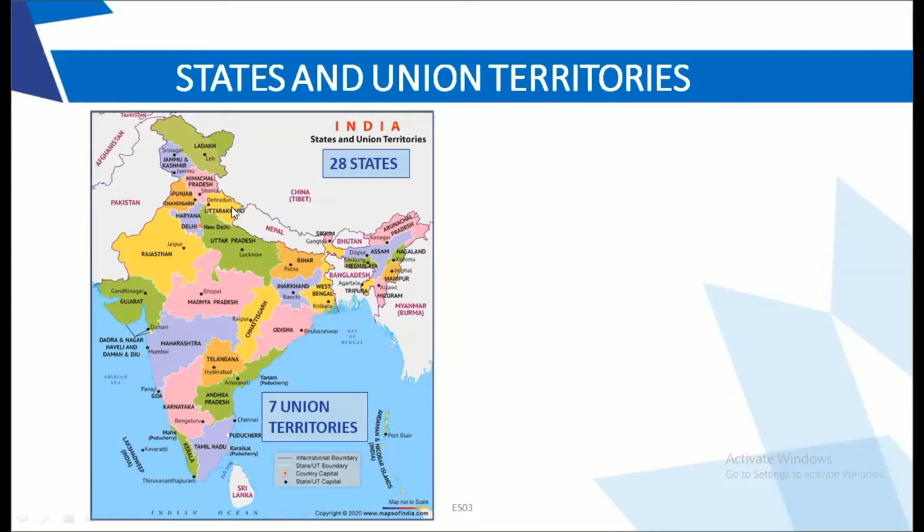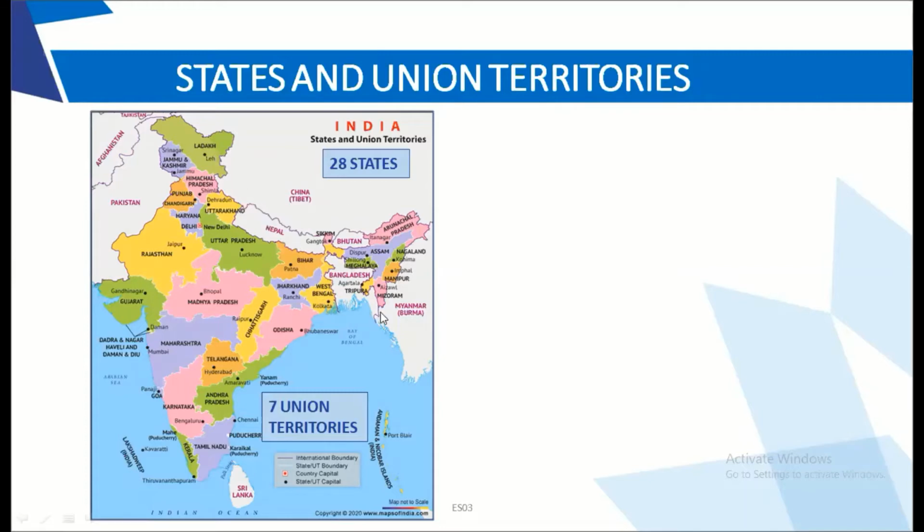Uttarakhand, capital Dehradun. Haryana and Punjab have Chandigarh as their capital. Delhi, New Delhi. Rajasthan, Jaipur. Gujarat, Gandhinagar. Madhya Pradesh, Bhopal. Himachal Pradesh, Shimla. Jammu and Kashmir, Srinagar. Ladakh, Leh.